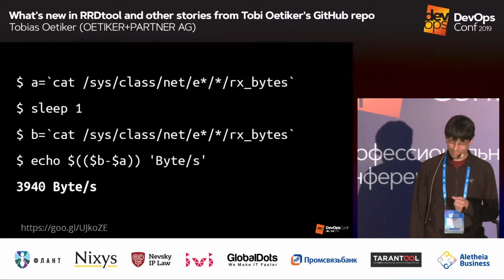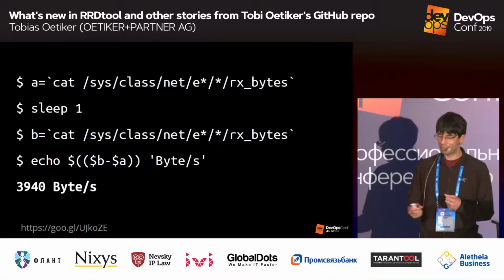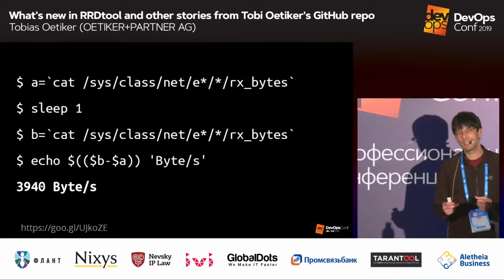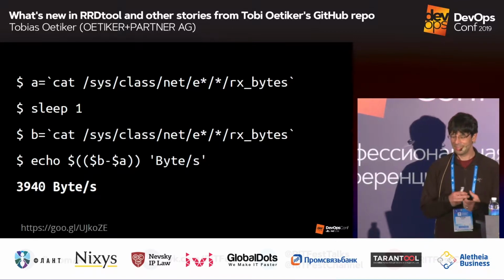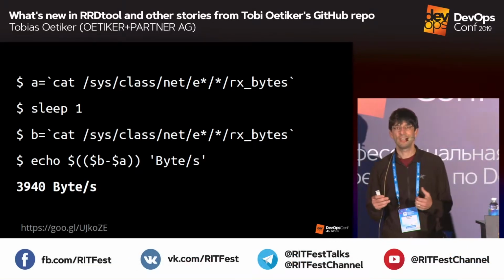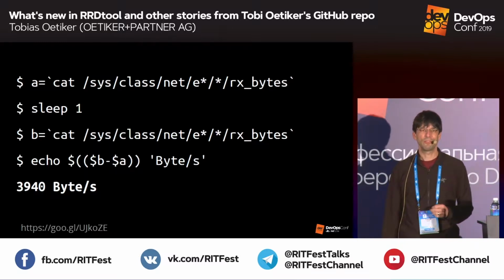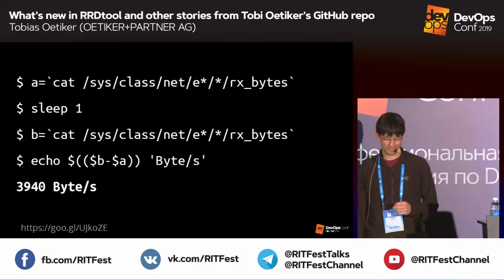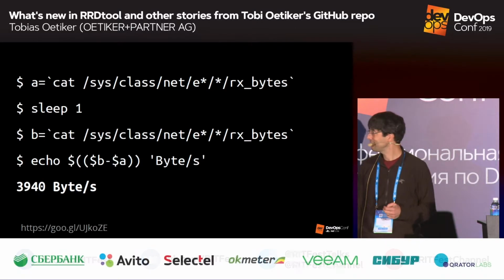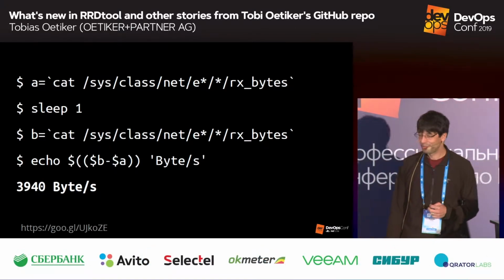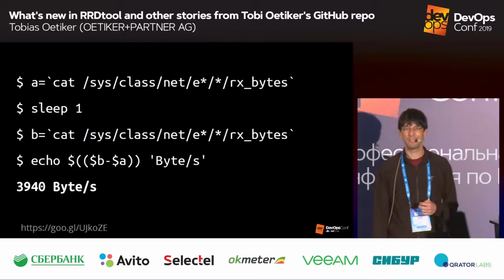What I could do is save the two numbers and sleep 1 second in between, and then build the difference, and suddenly I know at what speed my network interface is currently operating. While I tested this, I was running at 3,940 bytes per second.